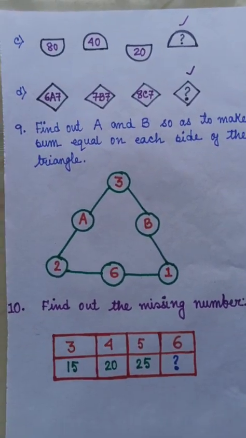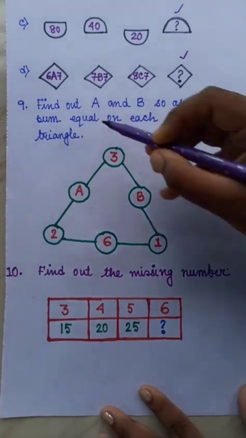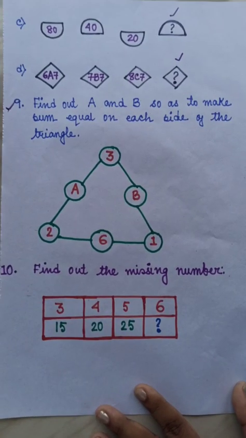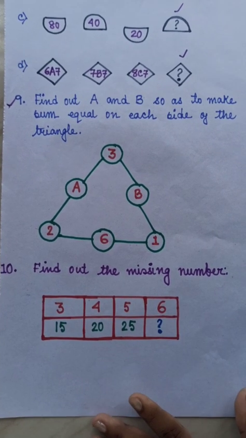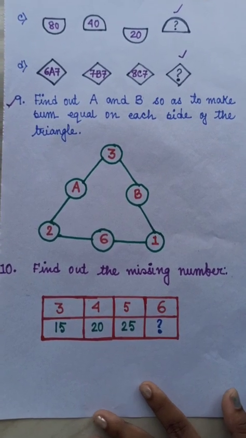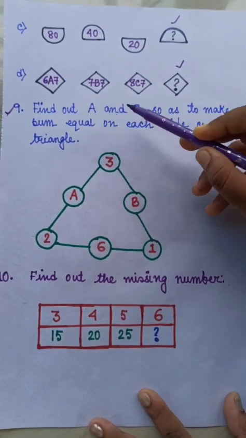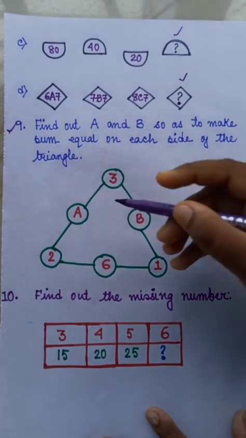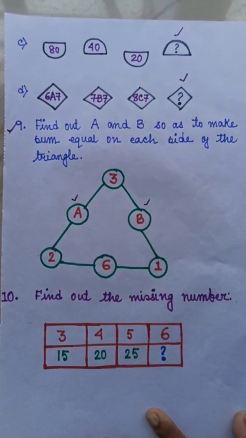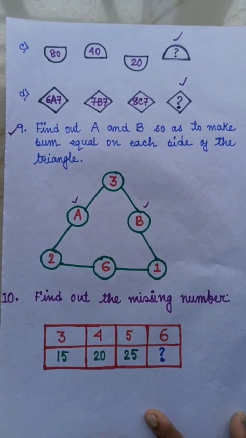Okay, next, this sum 9 is a little bit difficult for you maybe, but you will use your thinking power and do it. Find out A and B. There are two numbers that are missing, A and B. You don't know the numbers; you have to find them out.